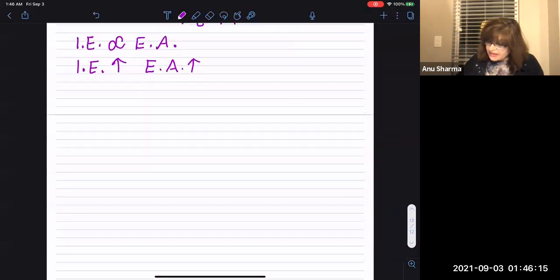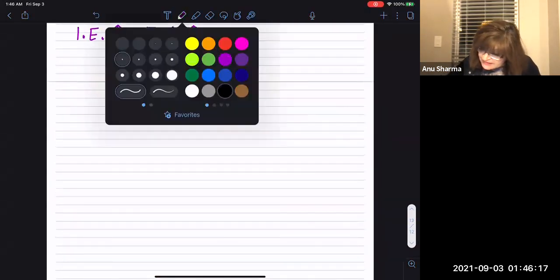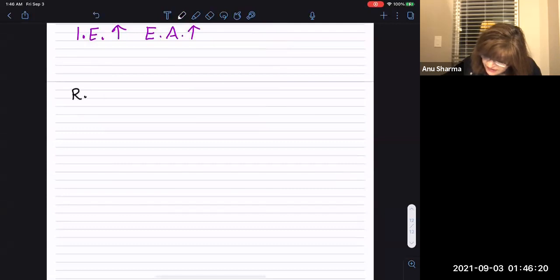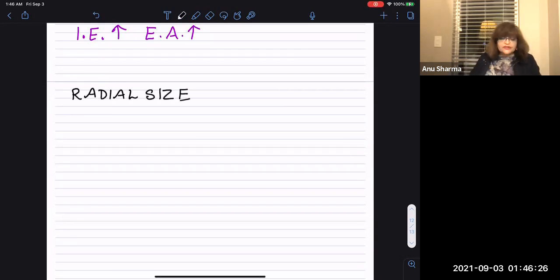The last one is the size, and the size is the radial size, the size of the radius. Radial size is the radius.